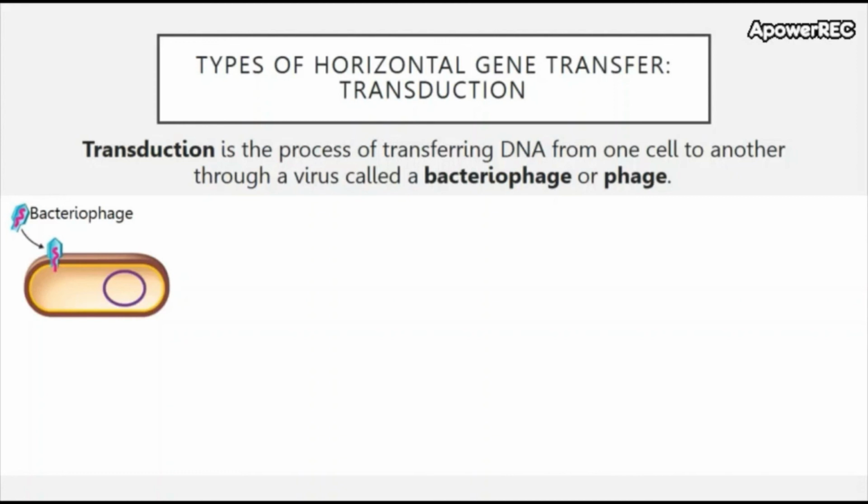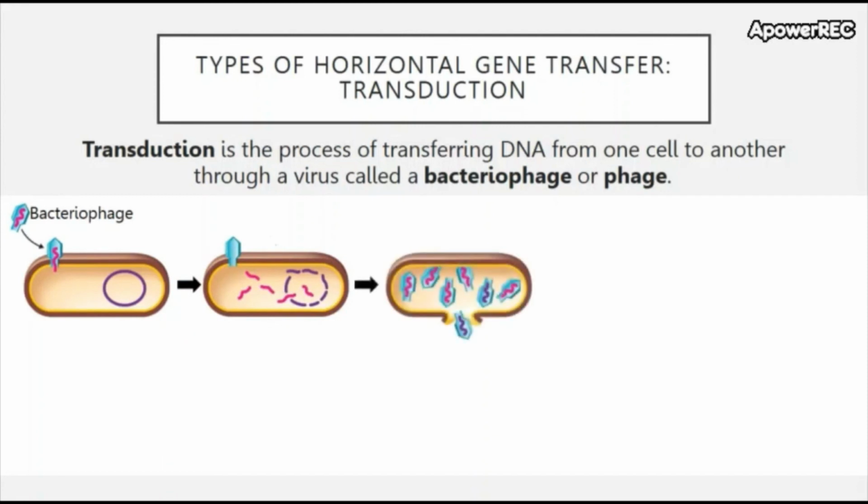So a bacteriophage is just a virus that infects bacteria. And so as we know, bacteriophages land on the bacterial cell. They inject their nucleic acids, their chromosome, into that cell. And when the virus makes new viral particles, it needs to package back up new copies of its chromosome.